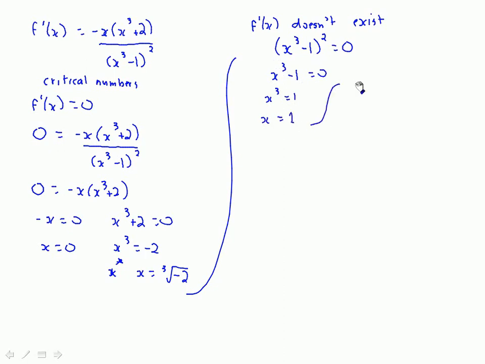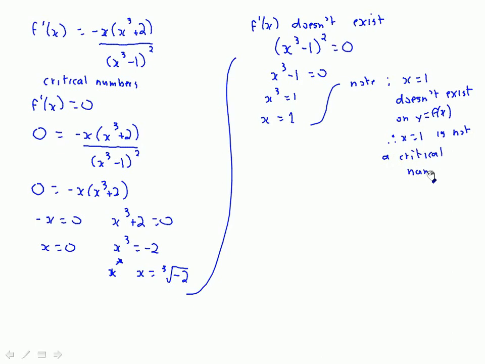But note, x equal 1 doesn't exist on y equal f at x. In other words, f at 1 doesn't exist. So therefore, x equal 1 is not a critical number.